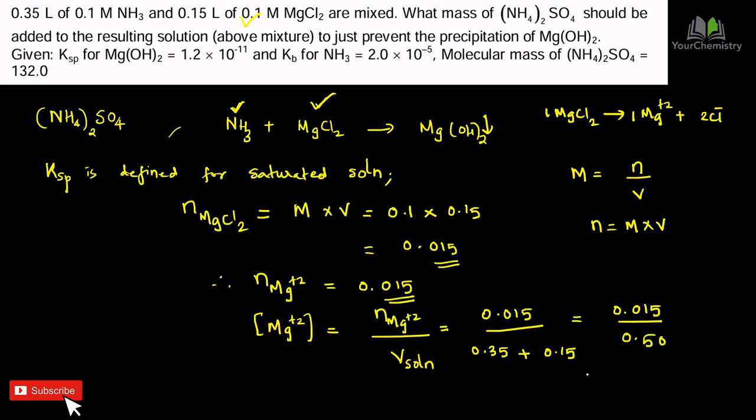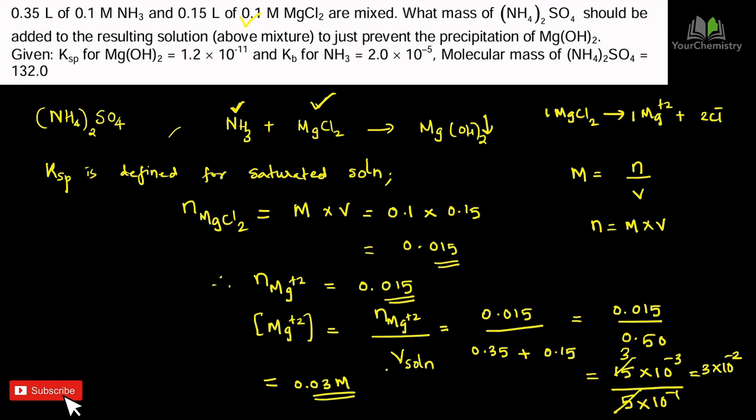If I simplify this, that is 15 into 10 to the power minus 3 divided by 5 into 10 to the power minus 1. So if I cancel this by 5, this will become 3 into 10 raised to minus 2, or the concentration of magnesium plus 2 is equal to 0.03 molar. Is that clear?